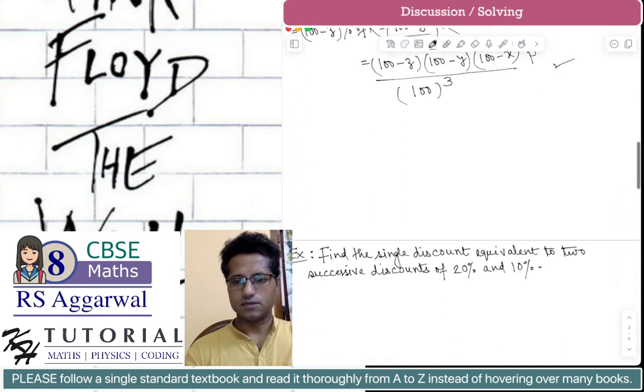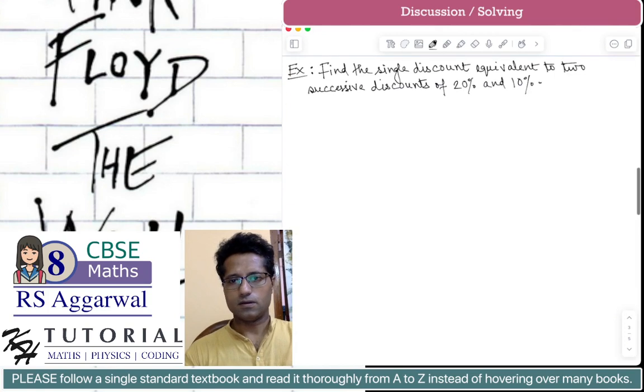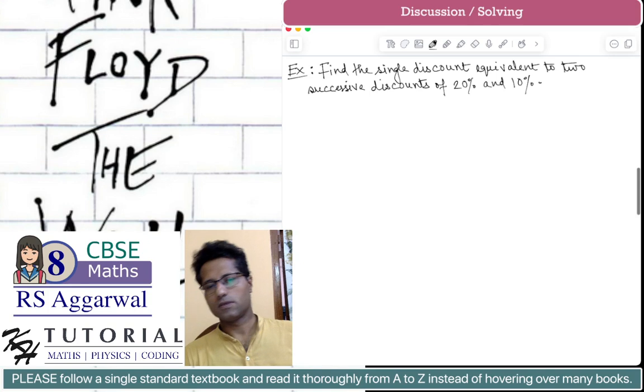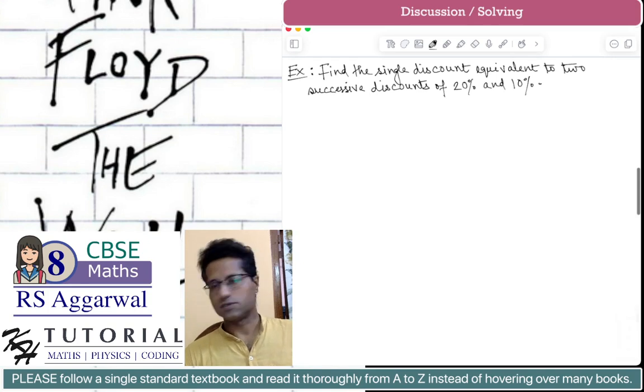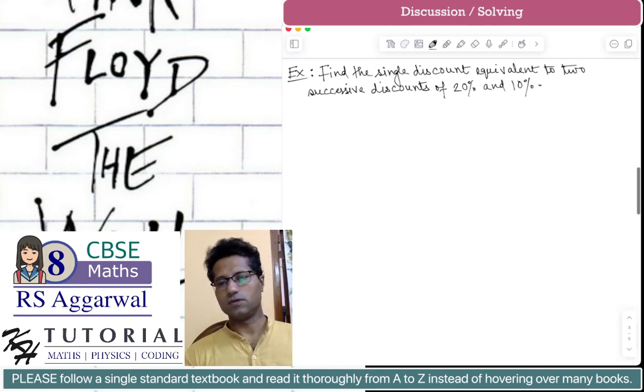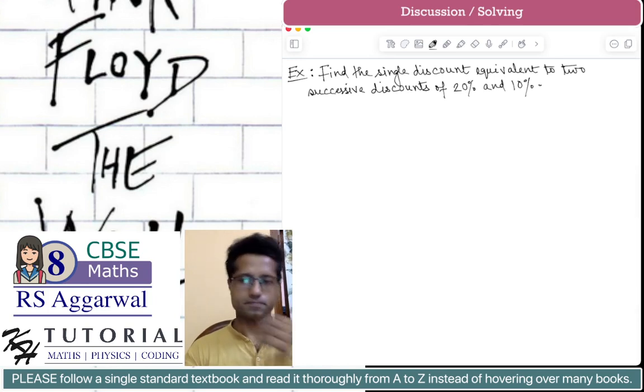What is asked is, I will solve one problem from the textbook of author R.S. Aggarwal. It is an example problem. It says, find the single discount equivalent to two successive discounts of 20% and 10%.